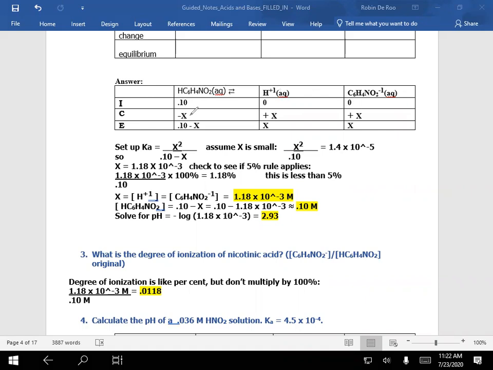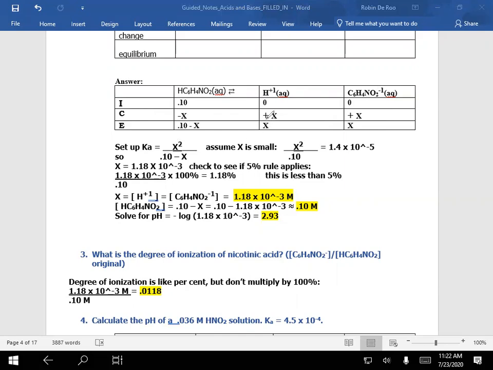So it's going to be minus X, plus X, plus X. Then we follow down, and for our equilibrium we have 0.10 minus X, X, and X. We set up our Ka expression, which would be products over reactants.